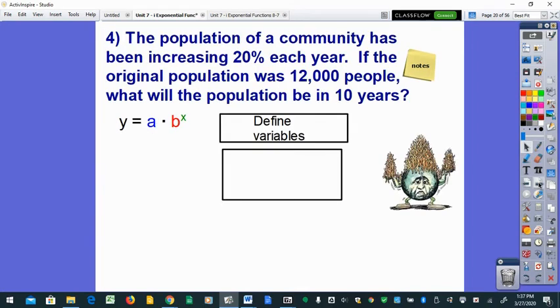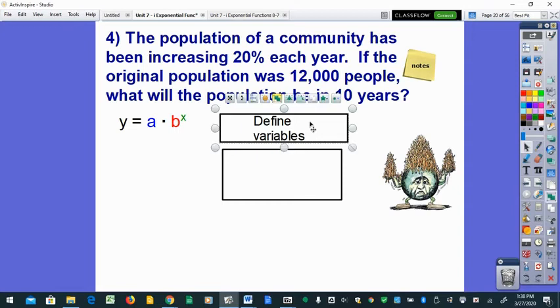I just want to go back and remind you that it's not all about money. So back in September, we also talked about populations growing. So here, the population of a community has been increasing 20% each year. If the original population was 12,000 people, what will the population be in 10 years?